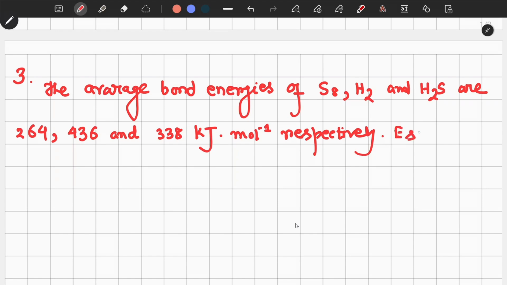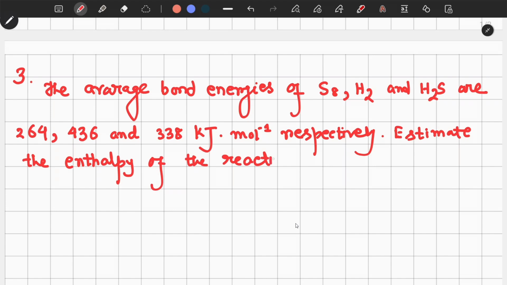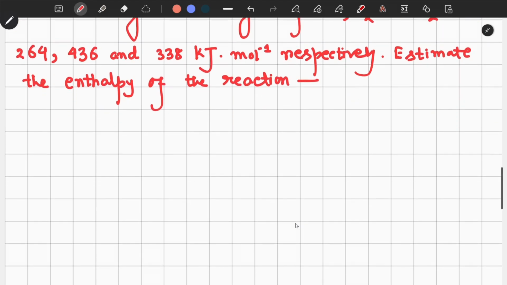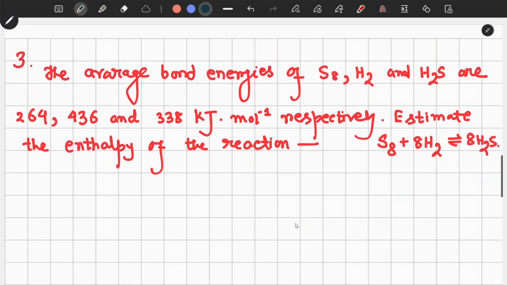Estimate the enthalpy of the reaction, which is S8 plus 8H2 going to 8H2S. Try it.